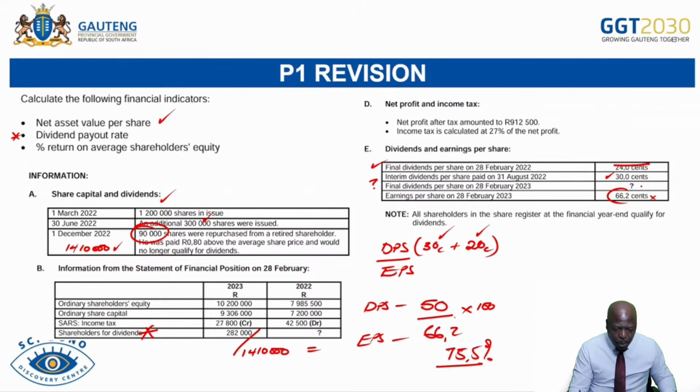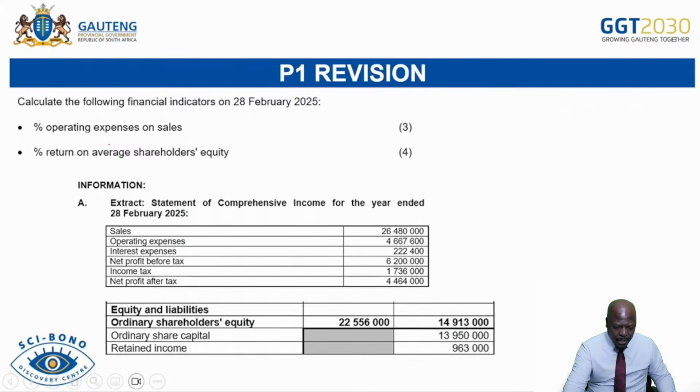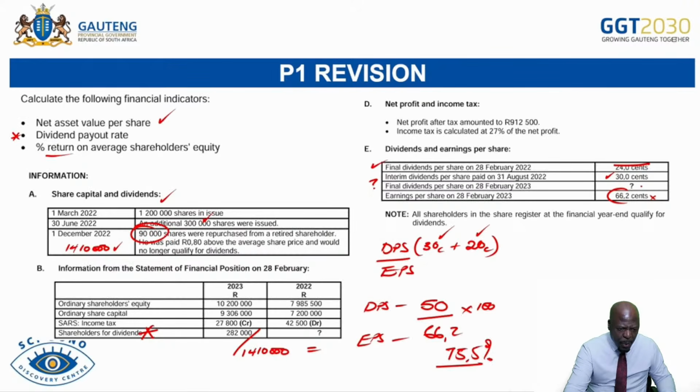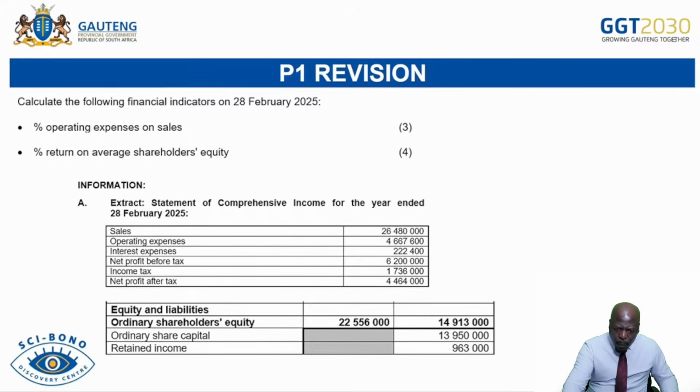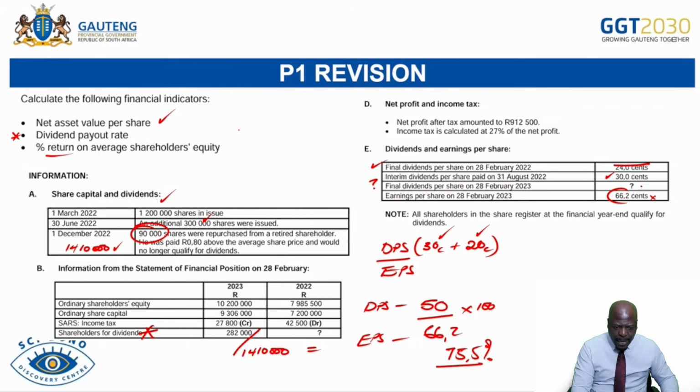Okay, I'm going to come to the financial indicator, but to calculate it, let's do it over here. Yes, I think we're going to do it here. So let's go back to it. Percentage return on average shareholders' equity.